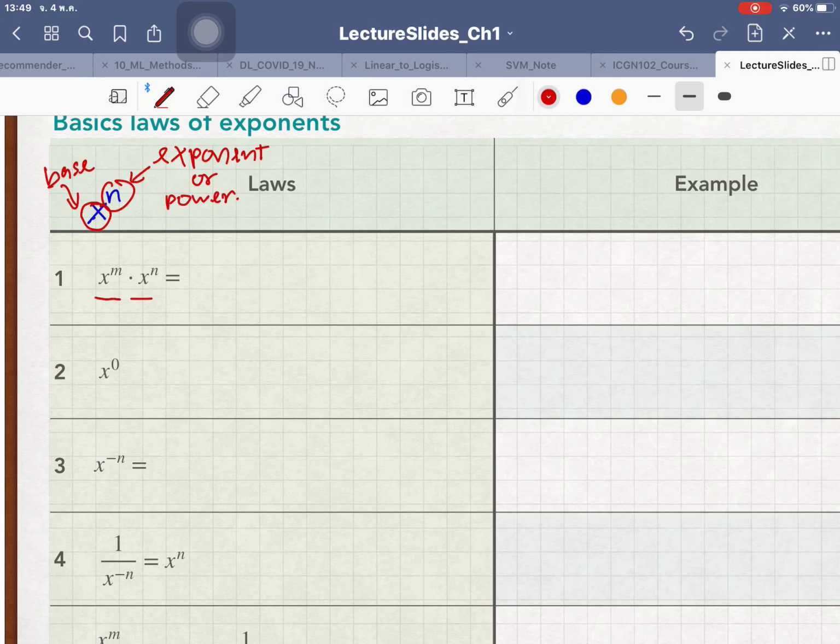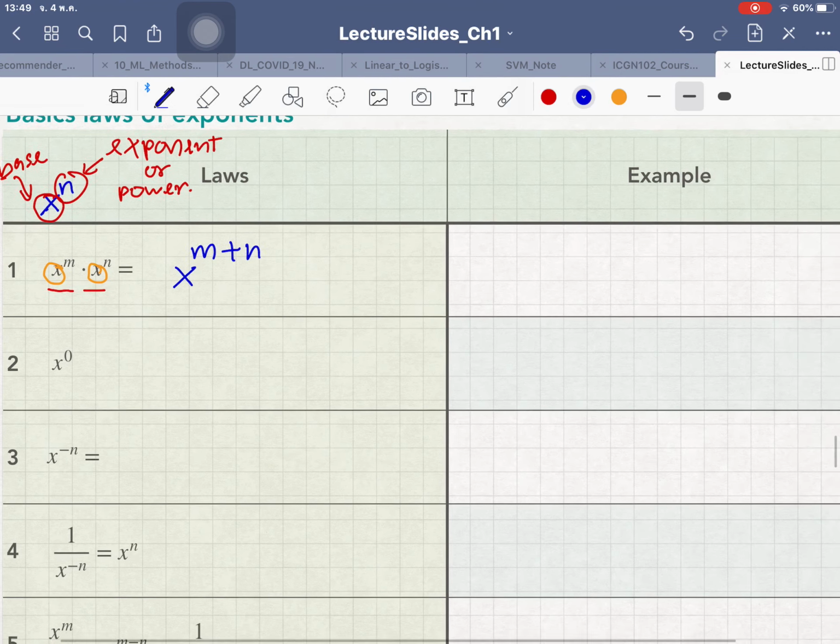For the first rule right here, it is the case when you have the same base for both terms. You have the base of x and x. In this case, you just combine the powers together, so the result will give you x to the power m plus n.